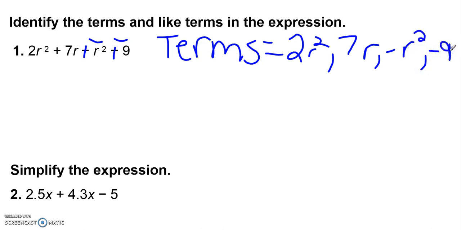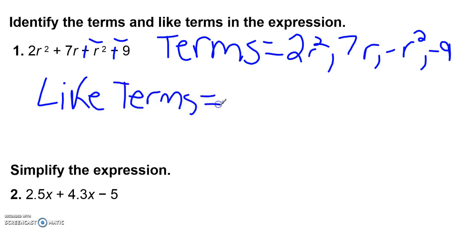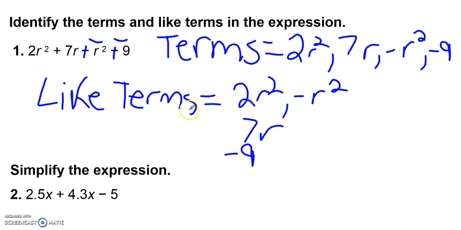Okay, so those are our terms. Our like terms are the 2r squared and the negative r squared, and then we have a 7r and we have a negative 9. So we only really have 2 like terms, and then these ones are just solo.